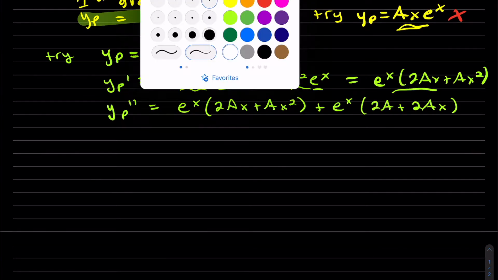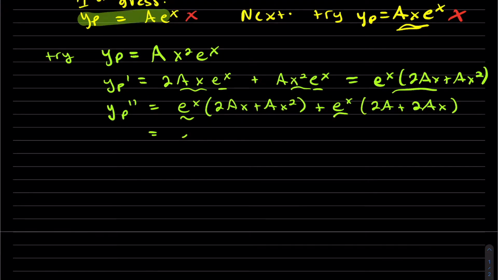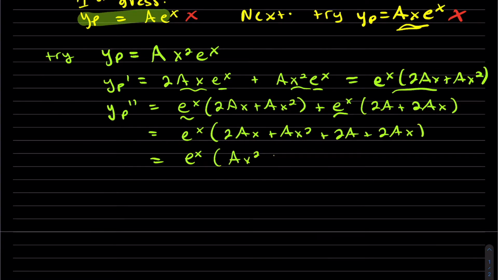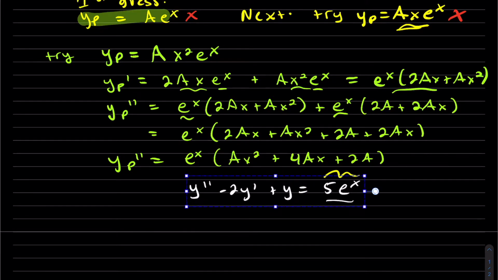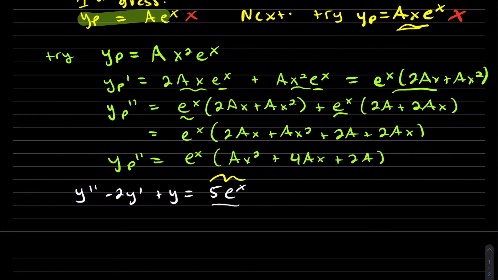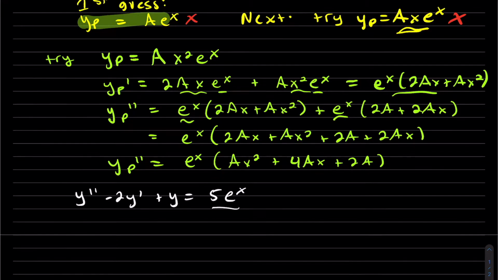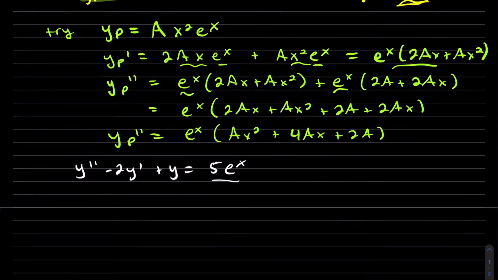So before we plug that into our DE, let's clean it up. We can factor that out. My yp double prime. Let's write out our DE. This is our DE we're trying to solve. So we plug our guess into there and equate coefficients.